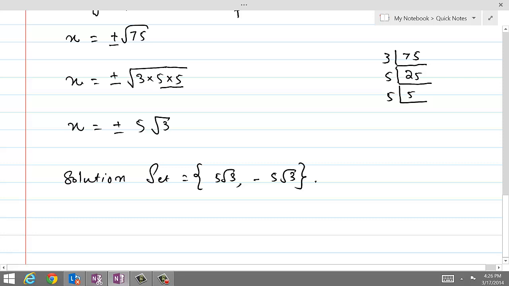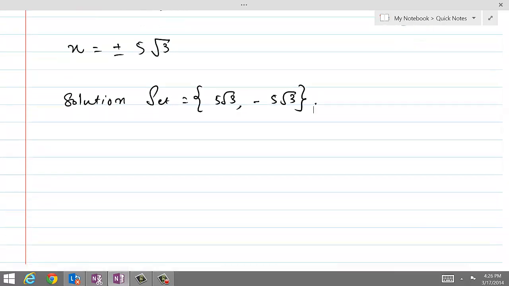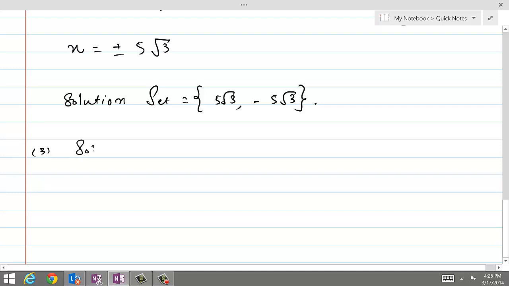Here we have another technique which we are going to apply now on this third question, and that is solution by factorization. But in fact we are not factorizing, we are just taking advantage of the two factors.